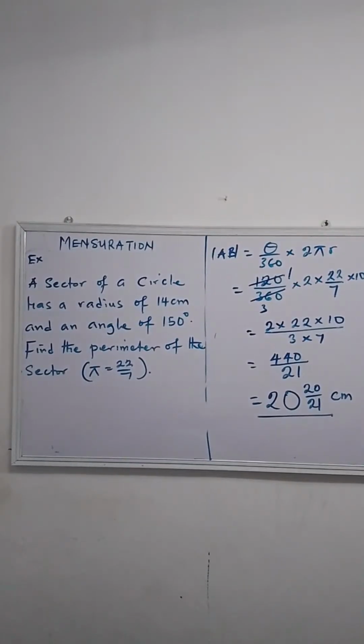Yes, is anybody with the answer? Yes, if you have your answer, you can drop it in the comment section. Anyone? Okay, Toyosi has 64.67. Okay. Do you have any other person? Any other person?